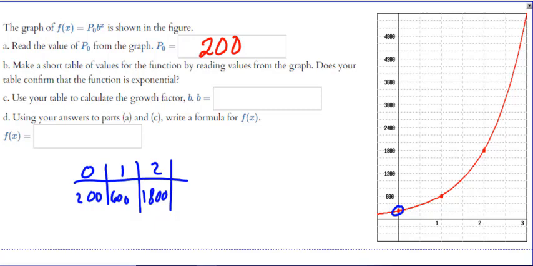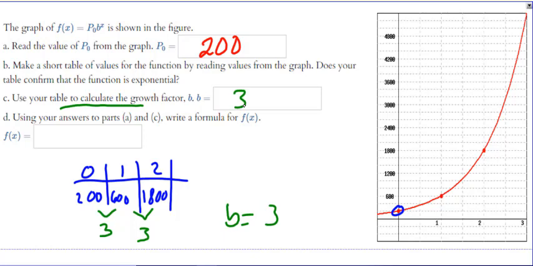Then we can very quickly use the table to calculate the factors. If we take 600 divided by 200, we get 3. If we take 1800 divided by 600, we get 3. So our base is 3 here, because to get to the next point, the output is multiplied by 3.